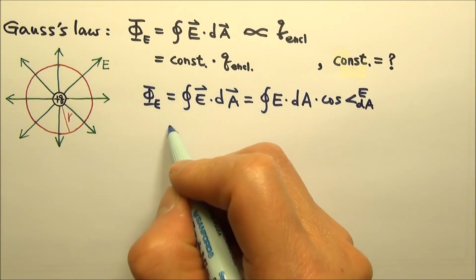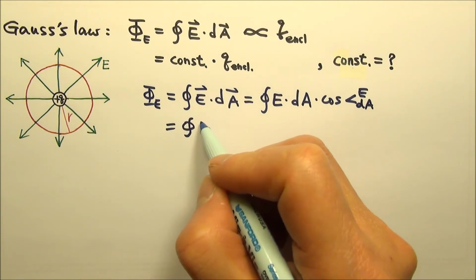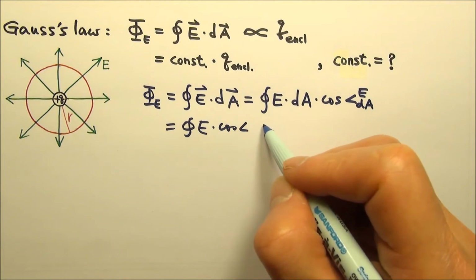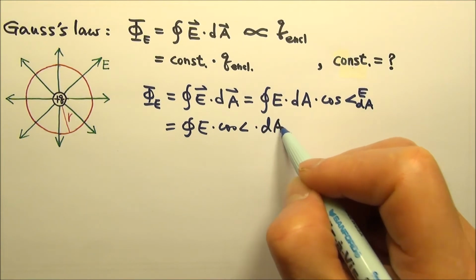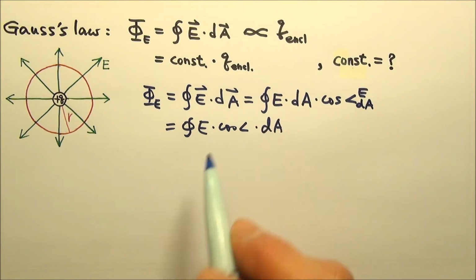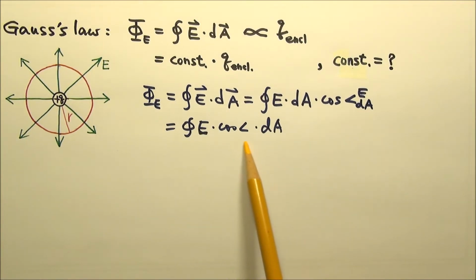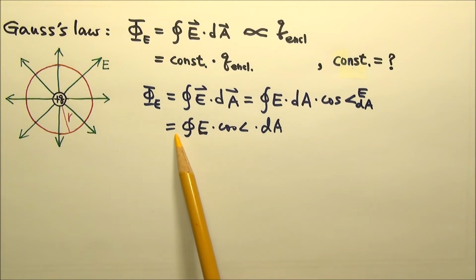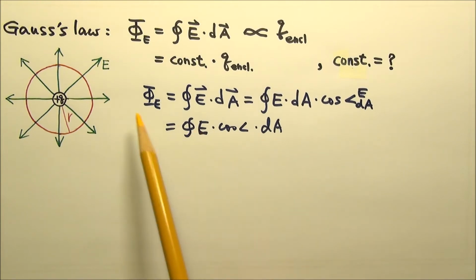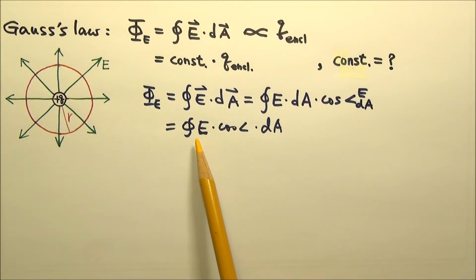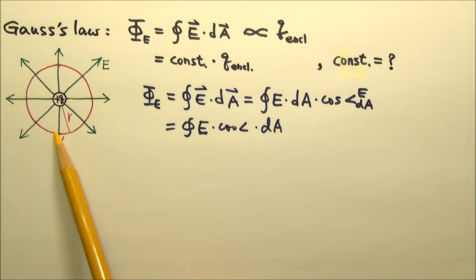I'm just going to rearrange this like E times cosine times dA because we're integrating E times cosine. In this integral, if there is any constant, we can take it out of the integration. Since we're doing a surface integral over the entire Gaussian surface, we can ask whether the magnitude of the electric field is the same everywhere on the Gaussian surface.